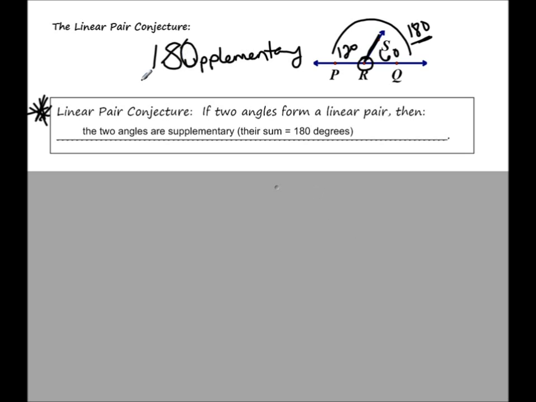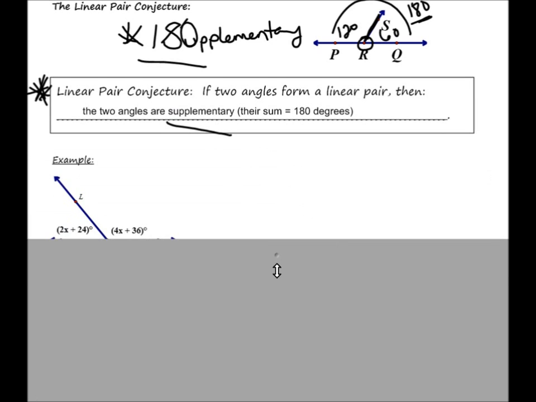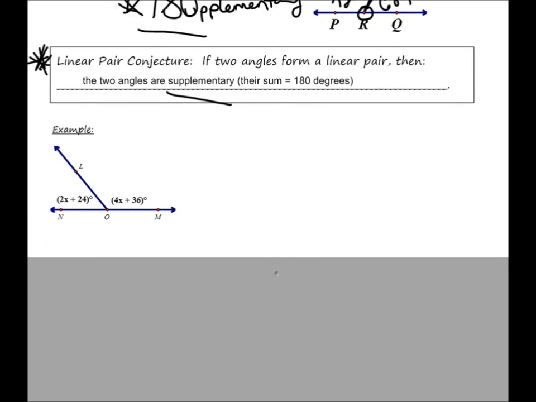So any way that you can think of to memorize that supplementary is your 180 degrees, whereas complementary is your 90 degrees, that's going to help you out a lot. If you don't have this conjecture memorized, and you don't have the word supplementary memorized, you're not going to be able to be successful. In this class, at least.